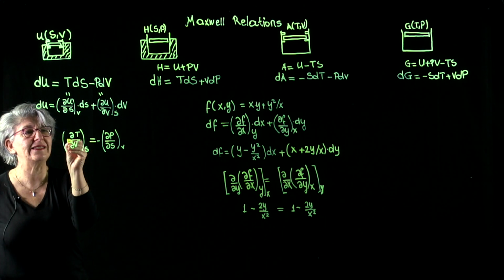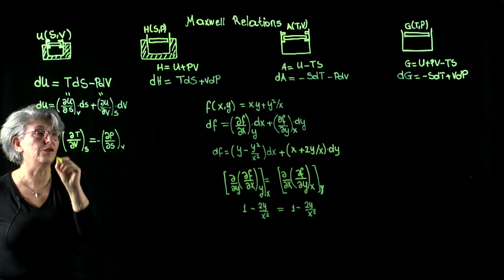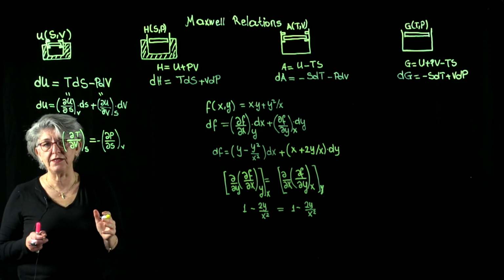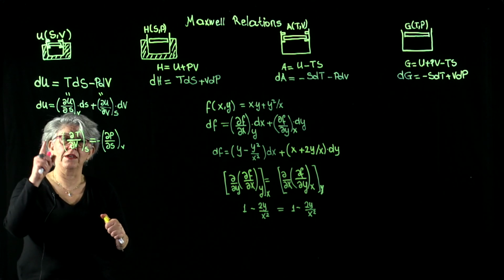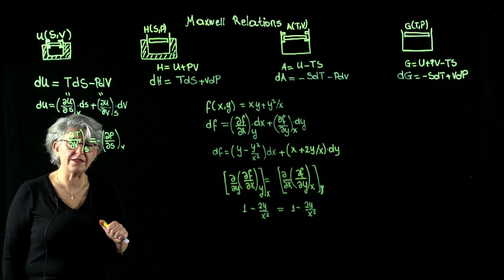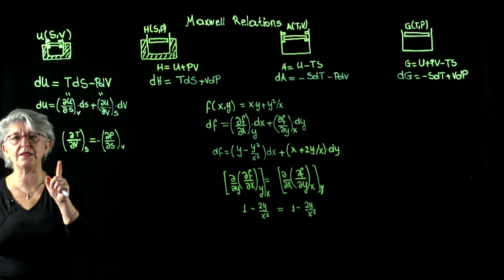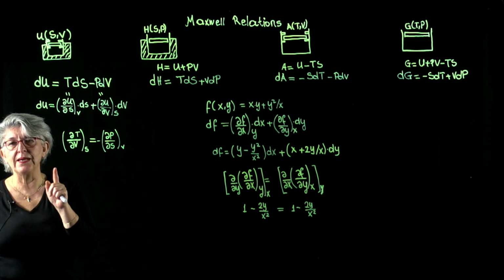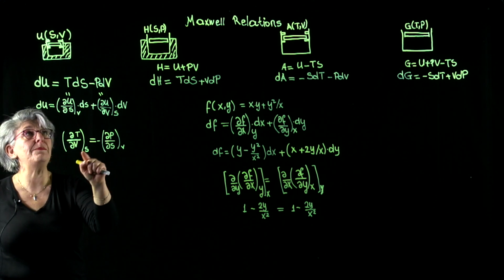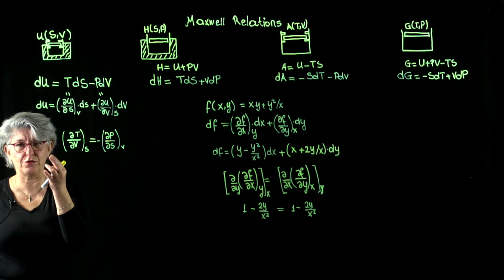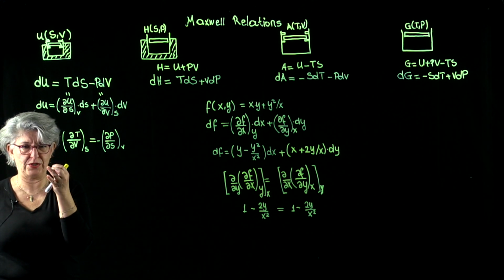Now what does this relationship do? Of course, doing math is fun. Of course, we just enjoy learning new things. But what this Maxwell relationship does is it relates those four different independent variables: temperature, volume, entropy, and pressure.